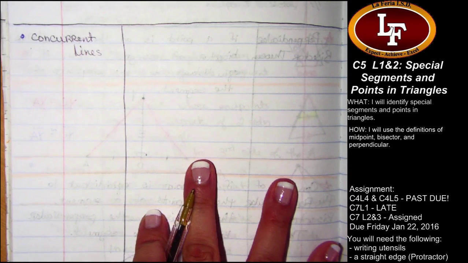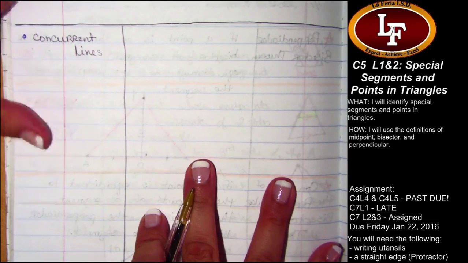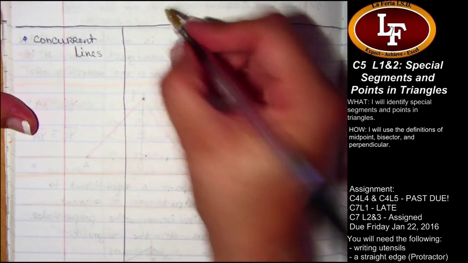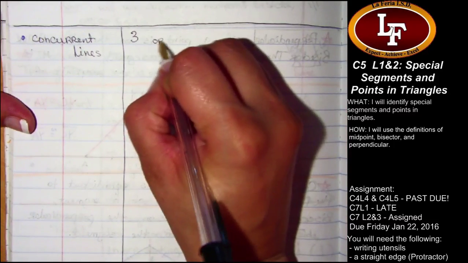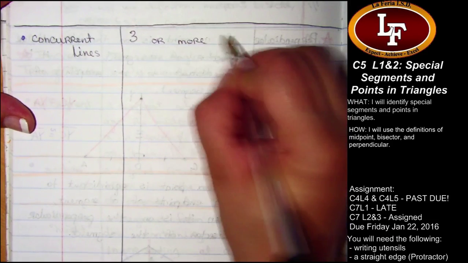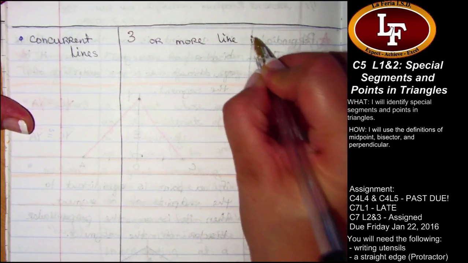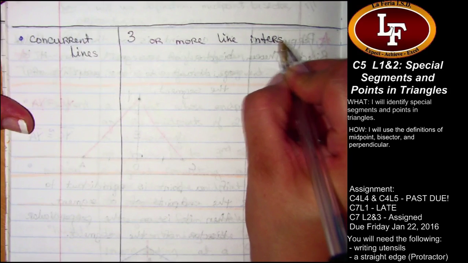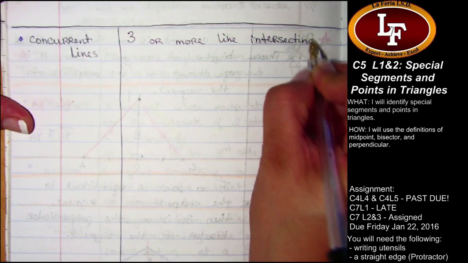Concurrent lines are 3 or more lines intersecting at a common point.